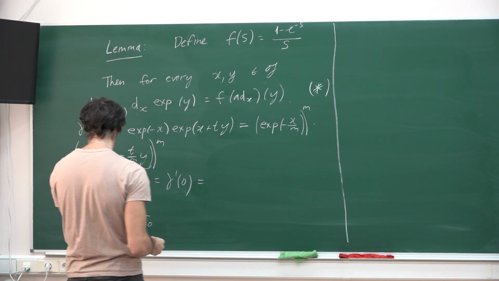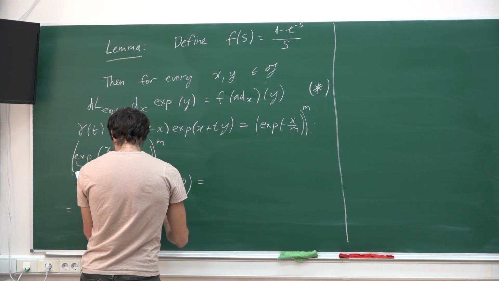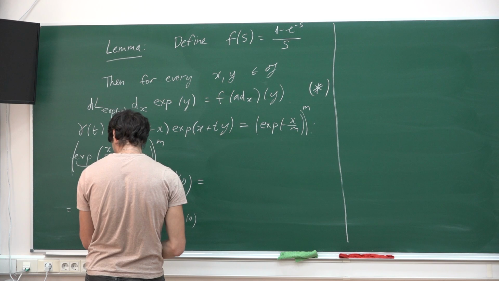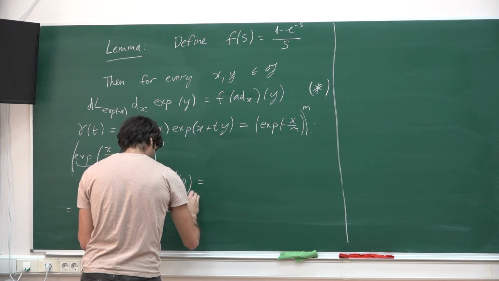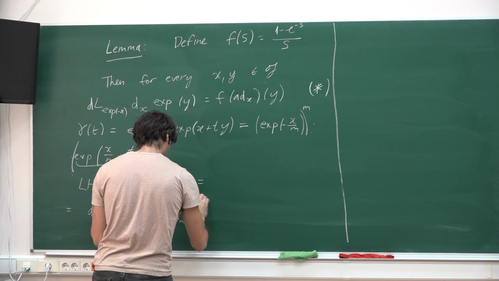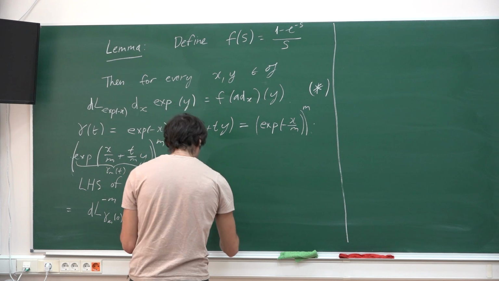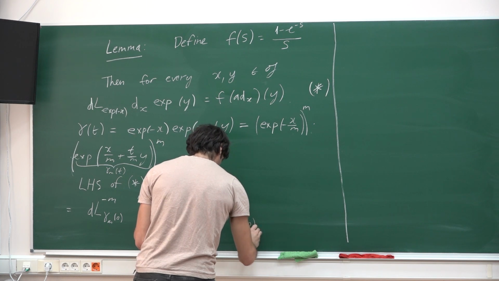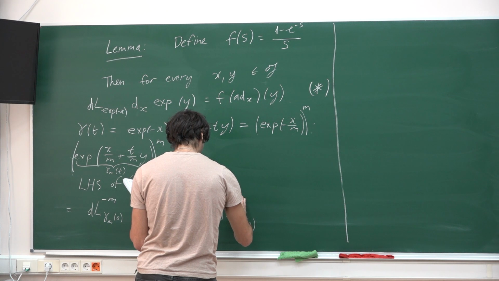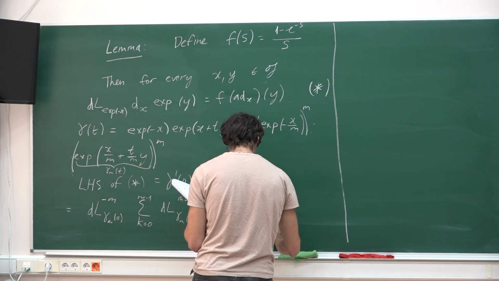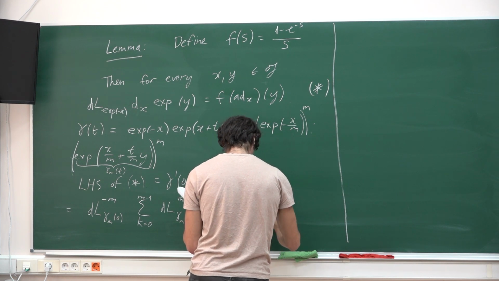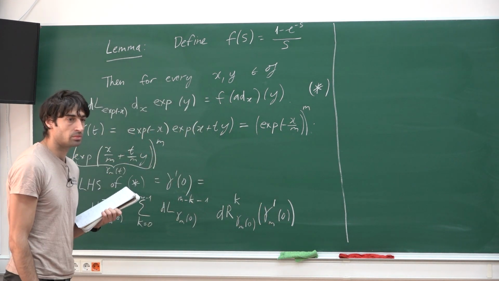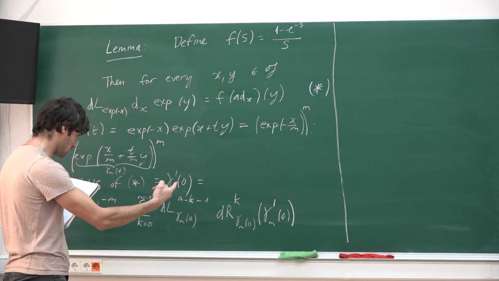First, let me write down the formula: dl of gamma m of 0 to the power m minus k minus 1, dr of gamma m of 0 to the power k, and all this applied to gamma m prime of 0.